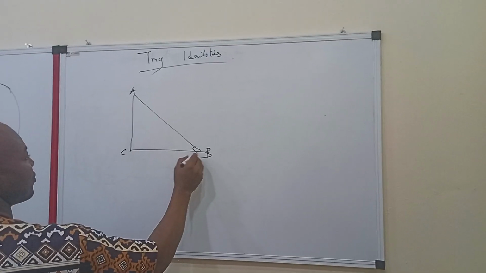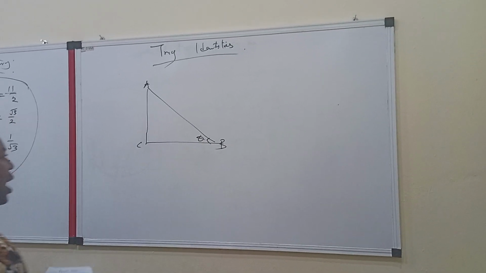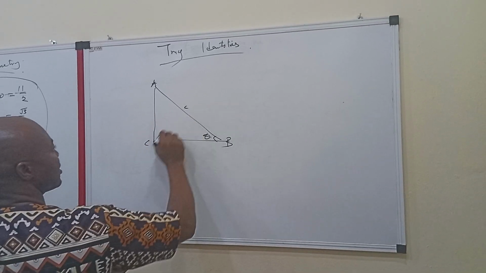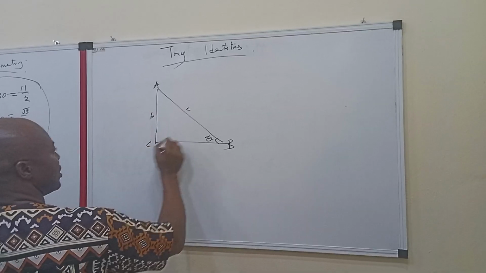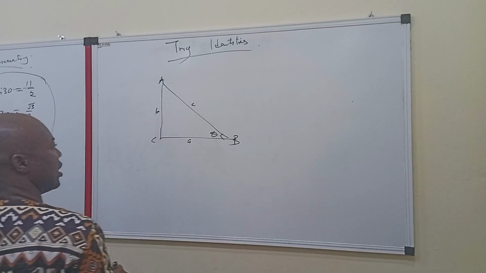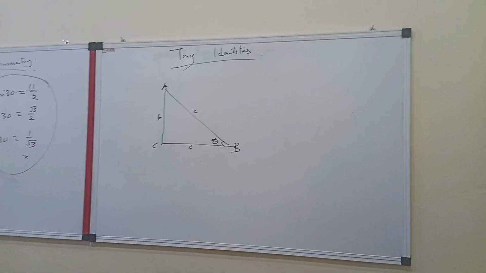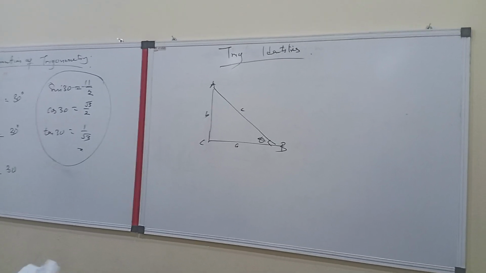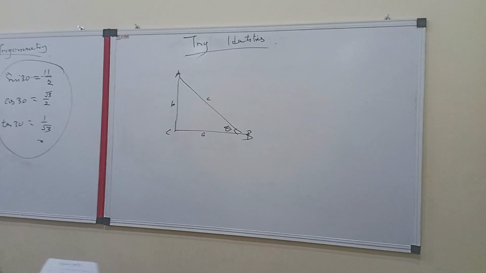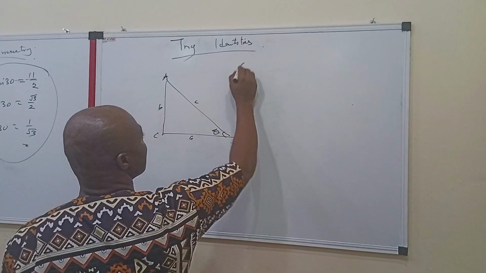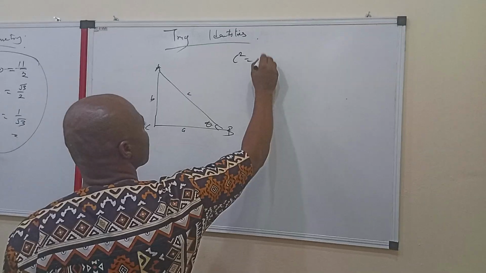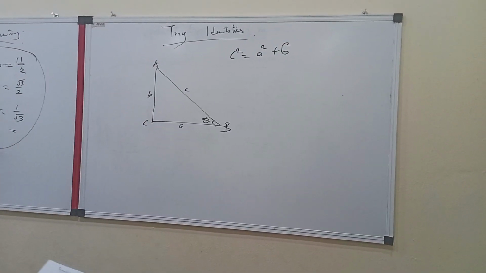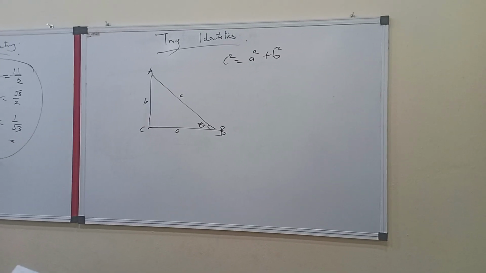and if we say it subtends some angle at that vertex point, and here is C, here is B, then here is A, we can determine the Pythagoras of this angle, which is C squared is equal to A squared plus B squared.